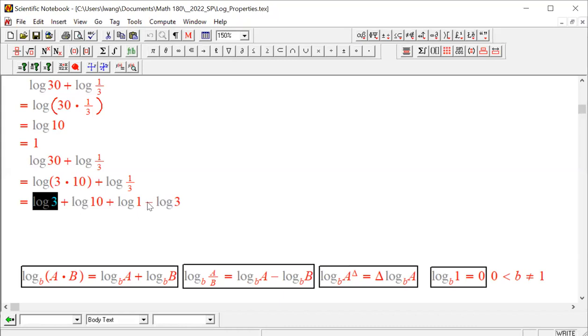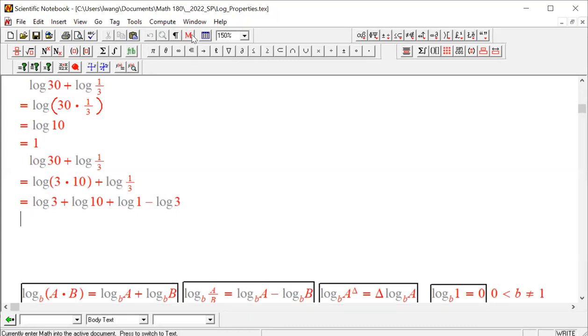Log 3 and negative log 3 make 0, and log 10 is 1, log 1 is 0. Therefore it equals 1. You can see there is more than one way to do it. You can use the product rule or quotient rule, as long as you use them properly.